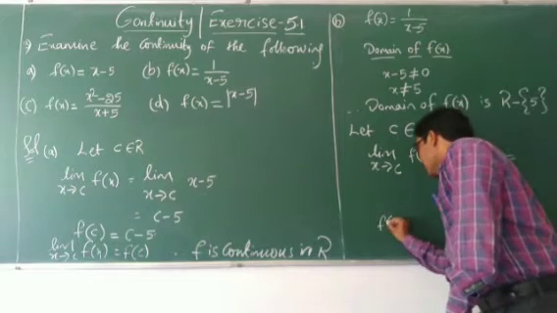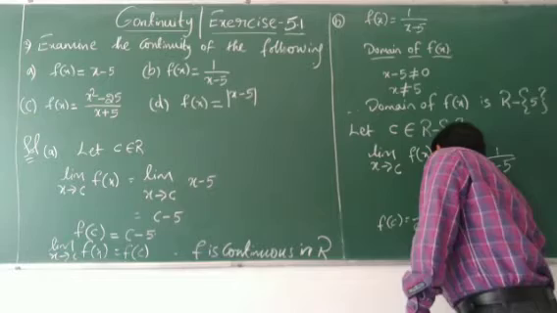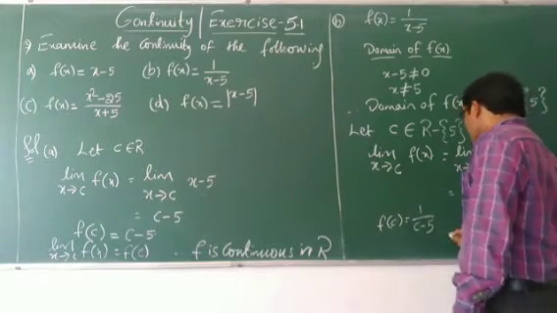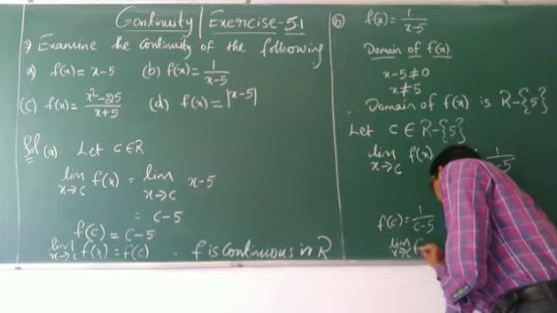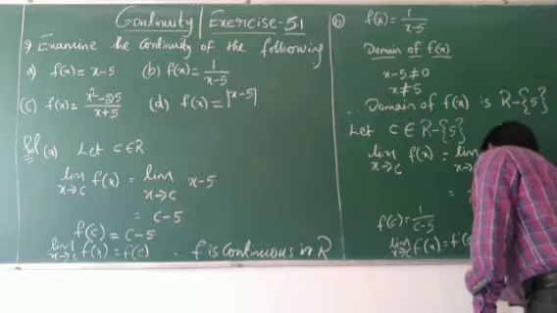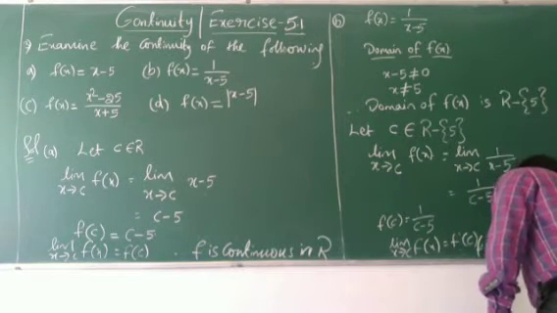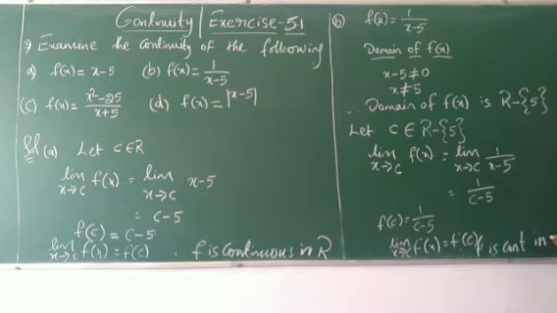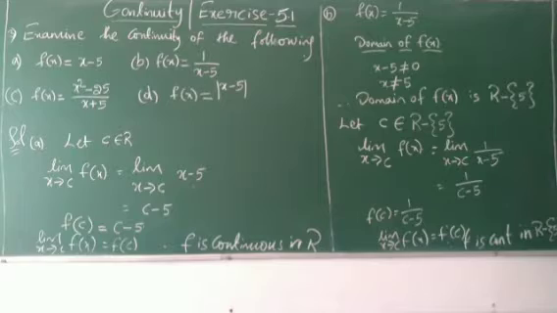Now take the function value. f of C is equal to 1 by C minus 5. Both are equal. Limit x tends to C, f of x is equal to f of C. Therefore, f is continuous in R minus {5}. Write down these solutions.